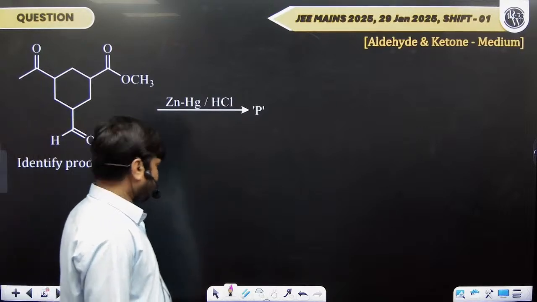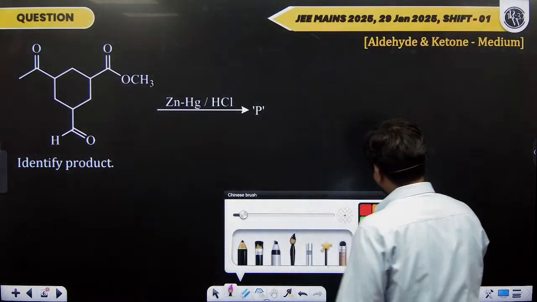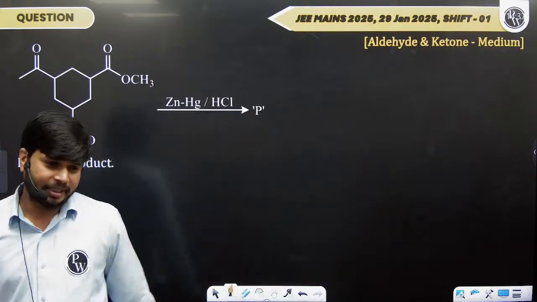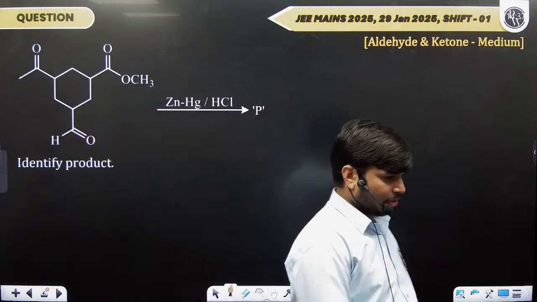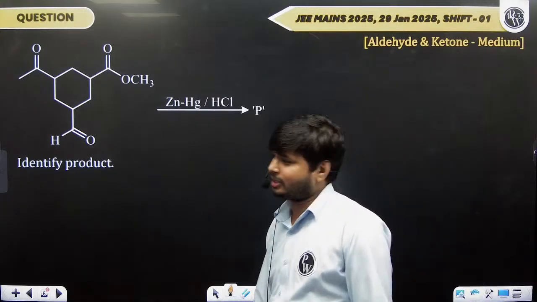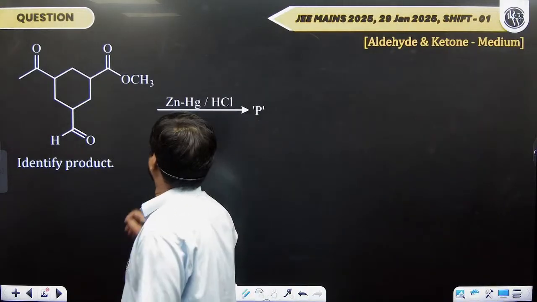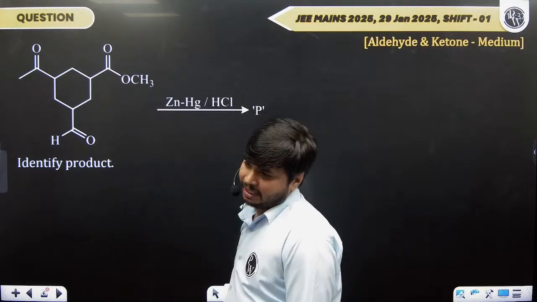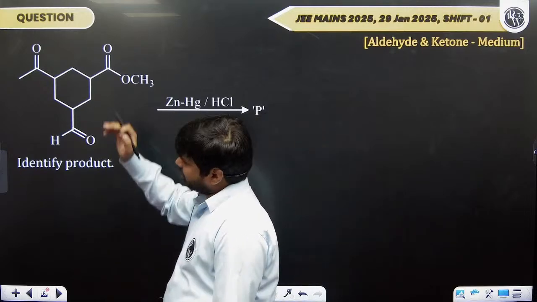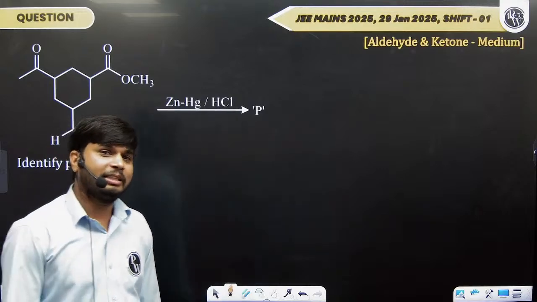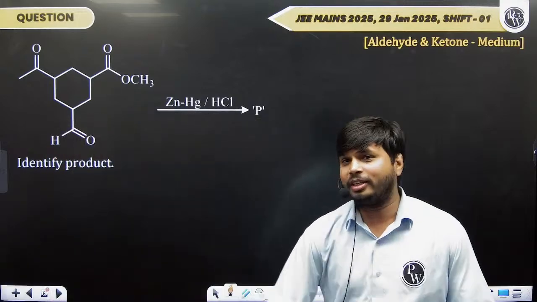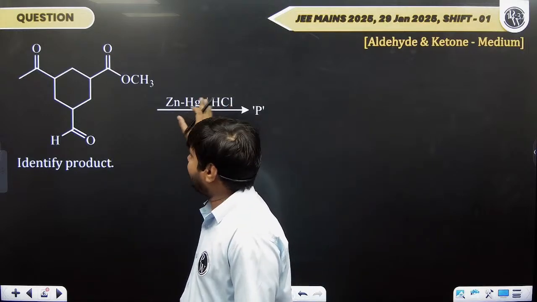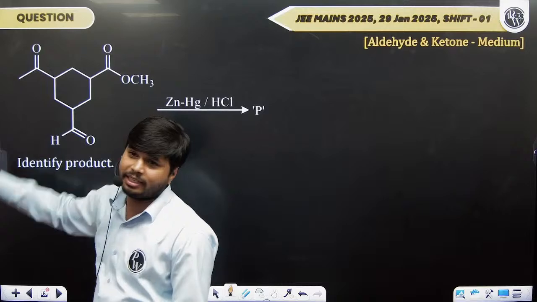This question came from the aldehydes and ketones chapter. Some of the part is also from carboxylic acids, and we are going to discuss that. Here we have zinc amalgam with mercury and HCl. This question can be from the Clemmensen reduction, and we all know that in the Clemmensen reduction this is the reducing agent which is going to reduce the aldehyde and ketone.